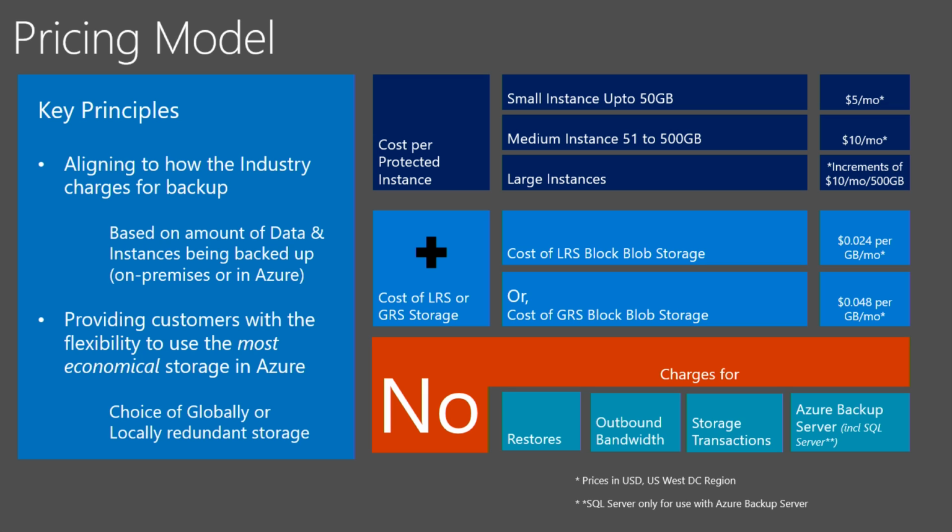So let's say you have a small file server at 49 gigabytes. That's $5. If it tips over to 51, heaven forbid, then it's going to be $10 a month. It goes all the way up to 499 gigabytes at $10 a month. At 501 gigabytes, it's $20 a month, all the way up to a terabyte, and then for every 500 gig.